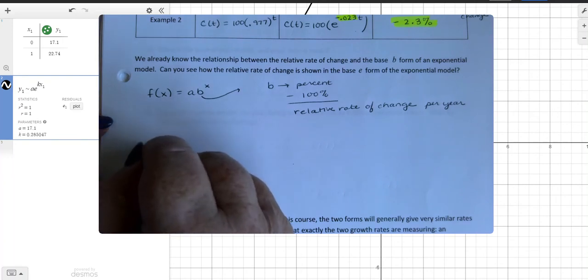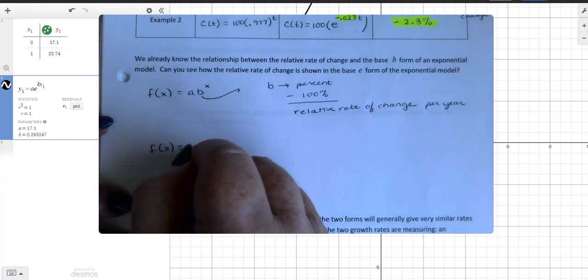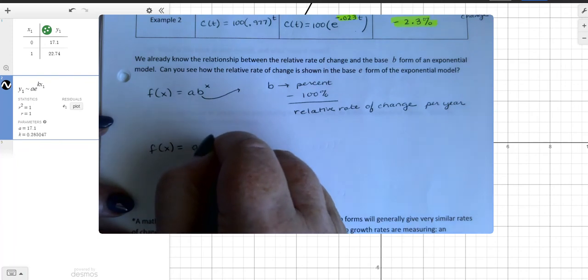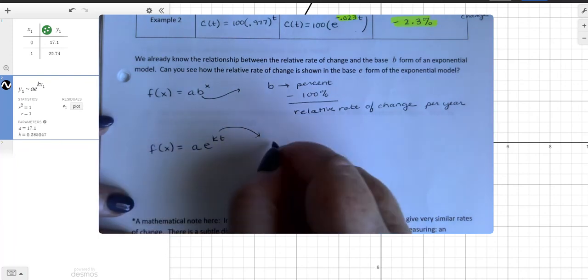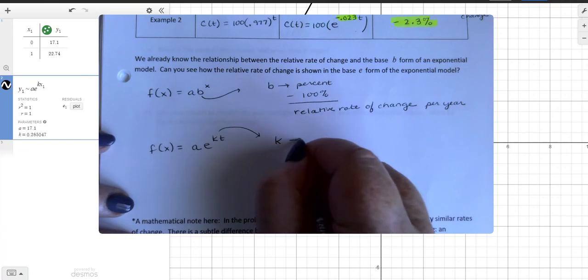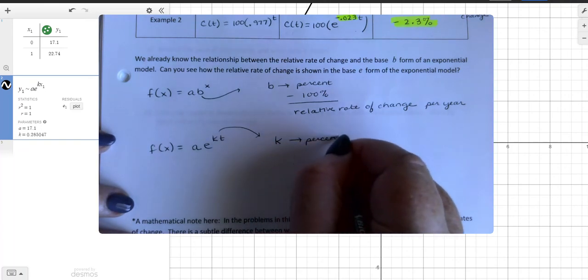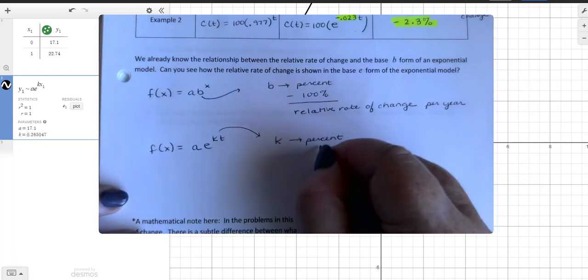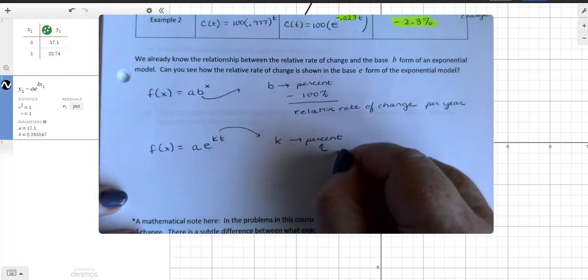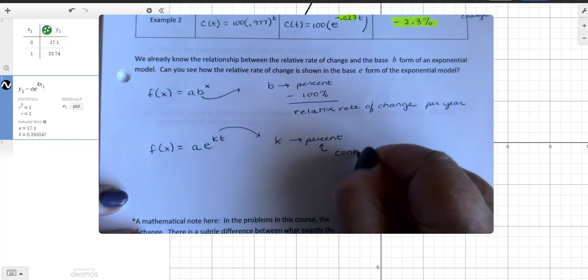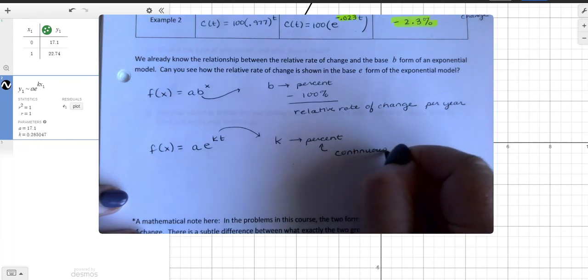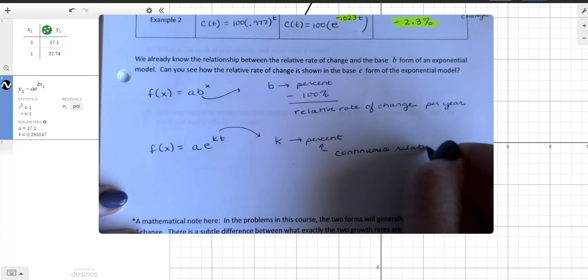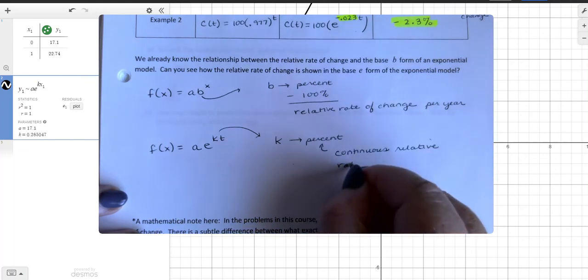If I write my exponential function in the form a e to the k t, then with the k, all I'd have to do is change it to a percent. Don't have to add or subtract the 100% at all. That's taken care of by the process. And this gives me the continuous relative rate of change.